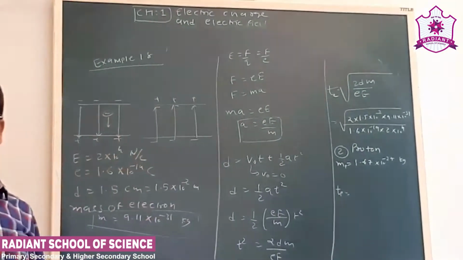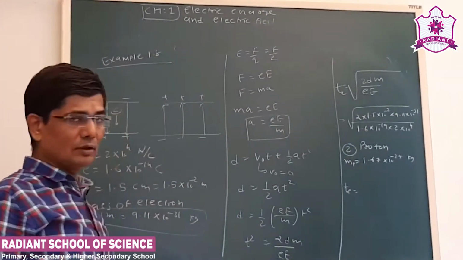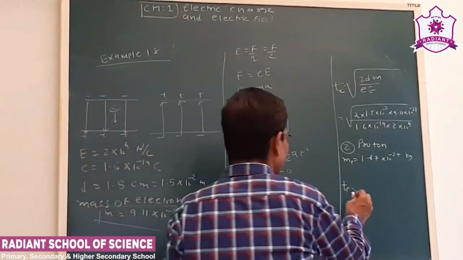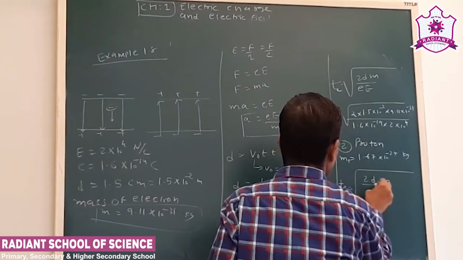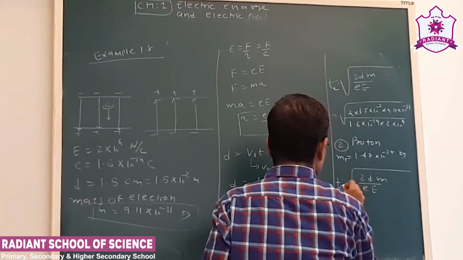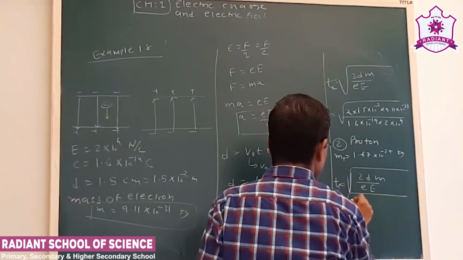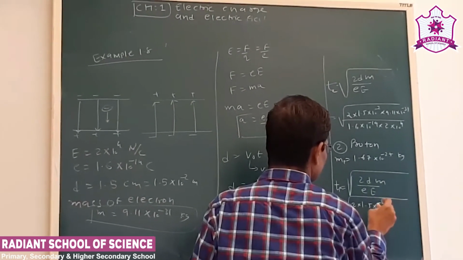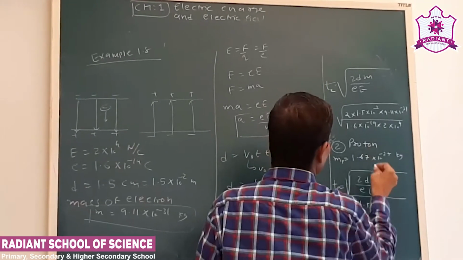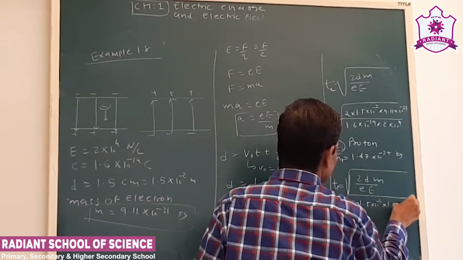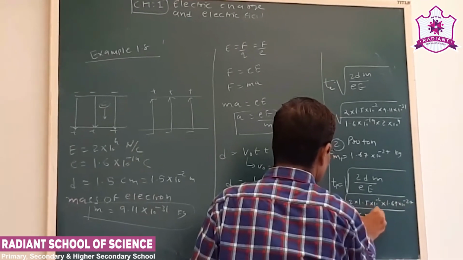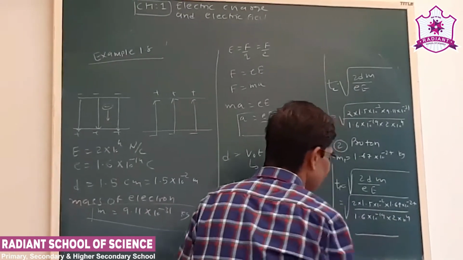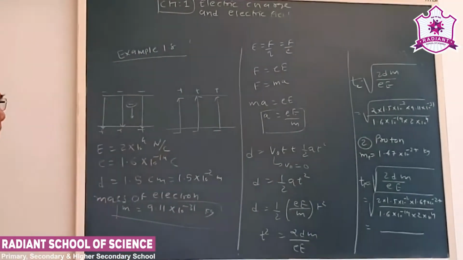Let TE be the time taken by the electron to cover the distance, and similarly TP the time taken by the proton. Again we can substitute t square equal to 2dm by eE. Mass of the proton is 1.67 into 10 to the power minus 27 kg. So by using this we can calculate the time taken by the proton also.